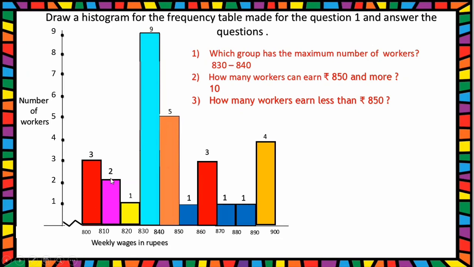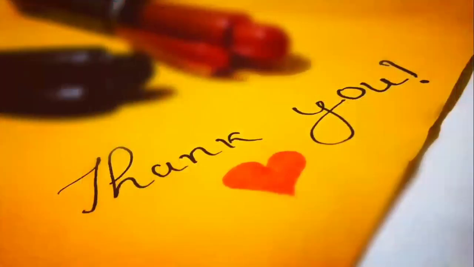Then 810 to 820, 2. 820 to 830, 1. 830 to 840, 9, then 840 to 850, 5. Then you have to add these 5: 3 plus 2 plus 1 plus 9 plus 5. That is 20 workers earn less than rupees 850. Hope you all understood.